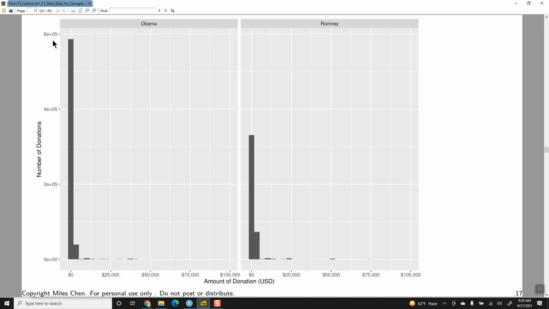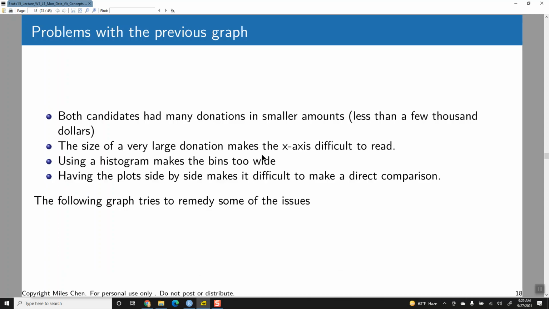So maybe a little bit under 600,000 people gave somewhere between $0 and $2,000, and maybe 350,000 people for this other bar. But again, 0 to 2,000 is such a wide range that it's not that useful to us.